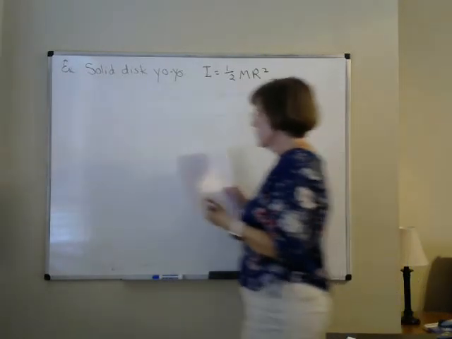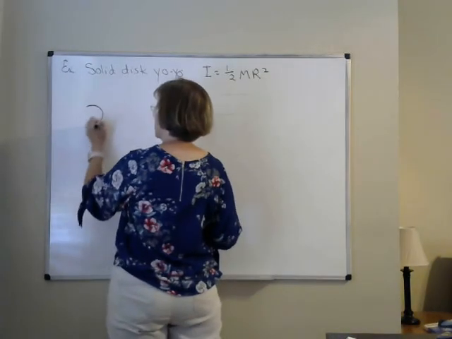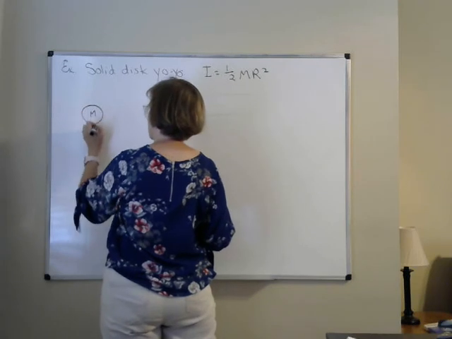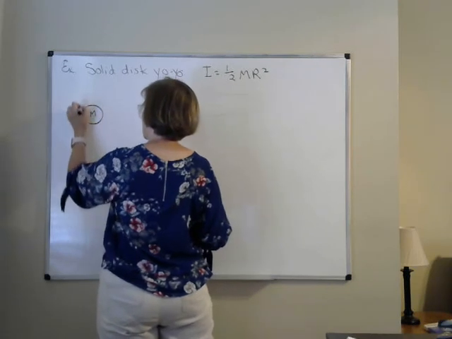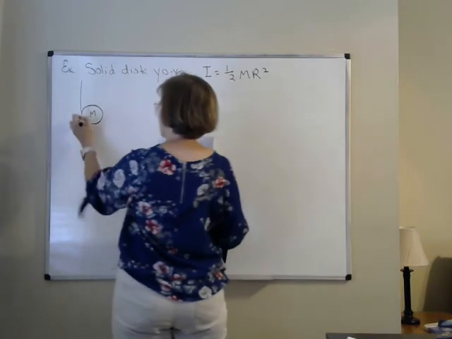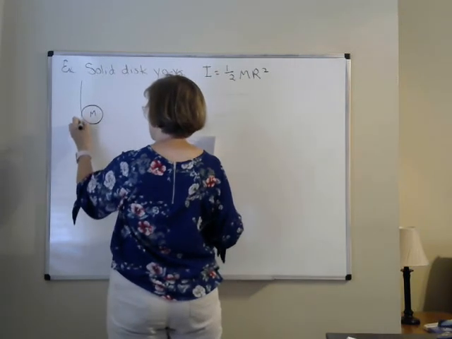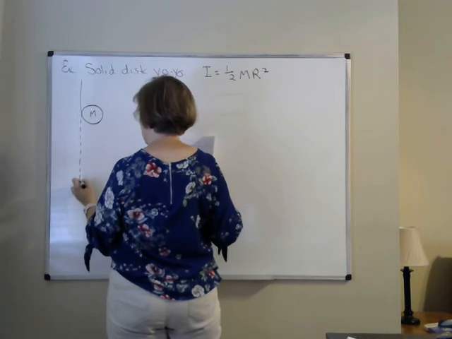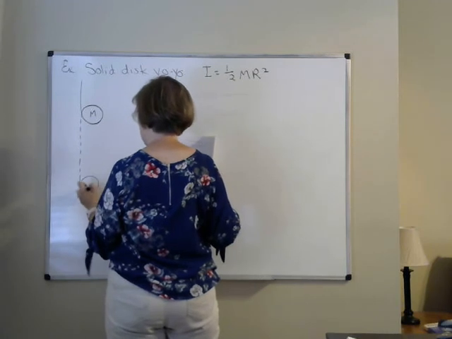If we start with this disc up here, and it's got a string around it like all yo-yos do, so this is some height, and we let it fall, it unrolls till it's down here.